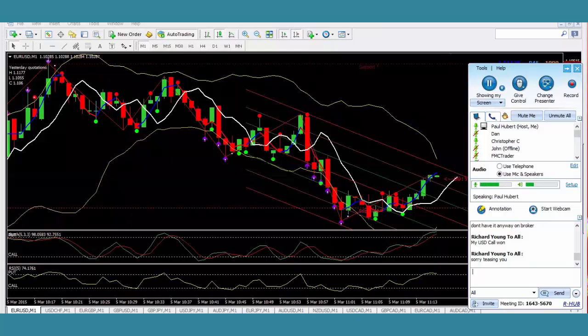Good, Richard. Tell me what I'm looking for on the Euro US to take the trade. Red on top is correct, Dr. Mark Wash. That is correct.